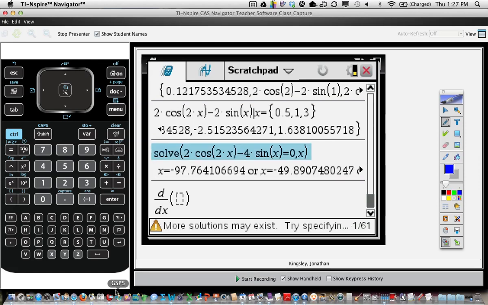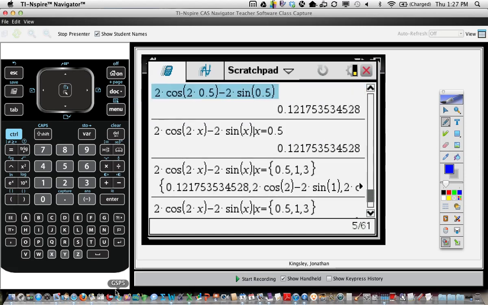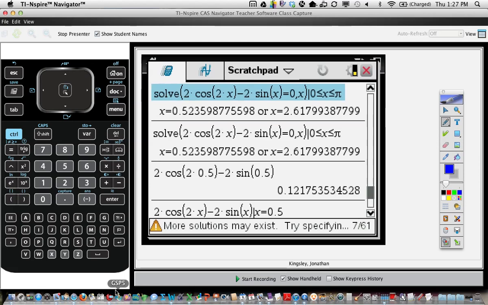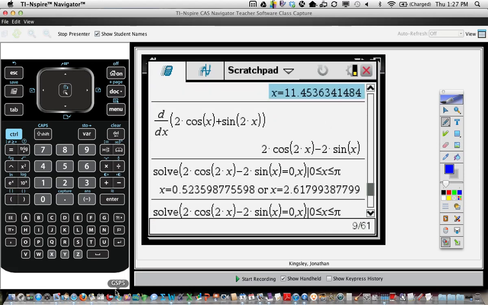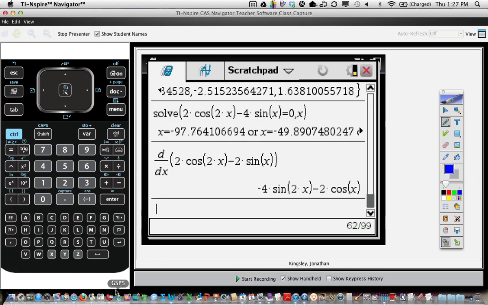It's up there quite a bit. Keep going. There. Right, no. Down. Right there. So that's the derivative. There you go. So now you're doing the derivative of that derivative. And then you hit enter. Okay. So there's our second derivative.